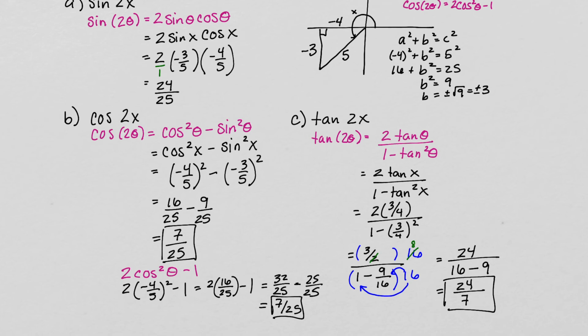Okay, so the next ones that we are going to do are going to come from these half angle identities. If you look at these half angle identities, you will notice that these are the 3 main ones we really use.